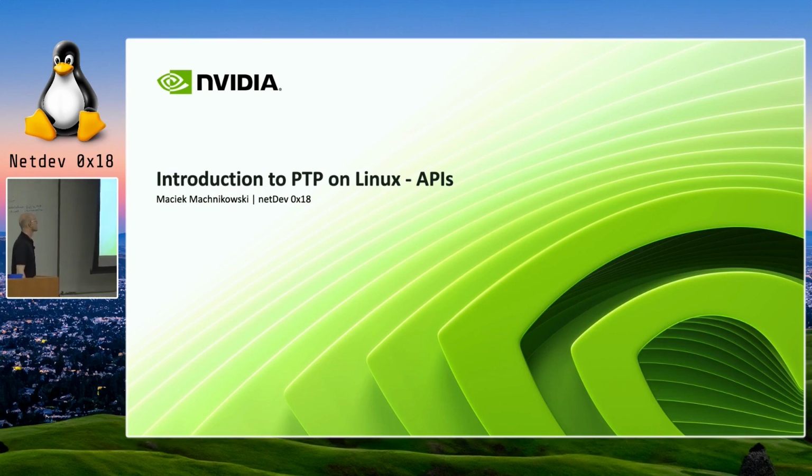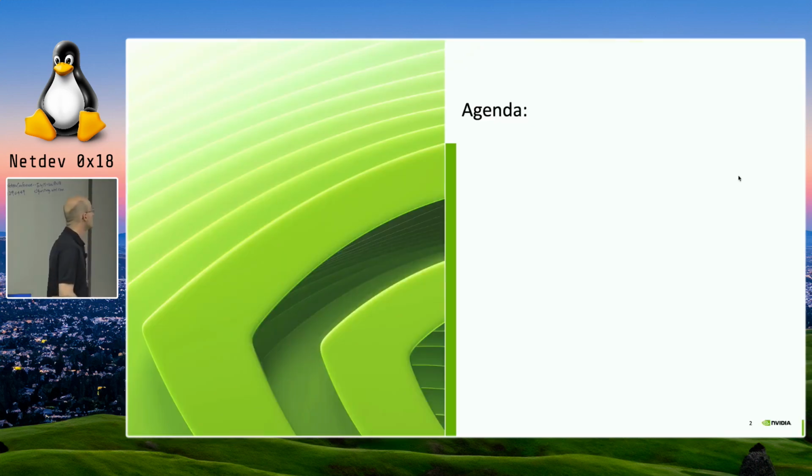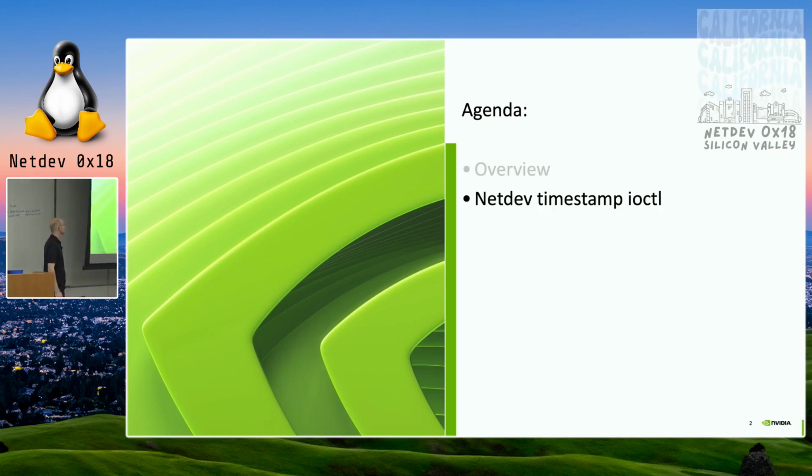So this year we will talk about the APIs that are actually used inside the Linux kernel and are connected somehow to time synchronization. We will start with a short overview of what pieces we have in the kernel that are connected to it.